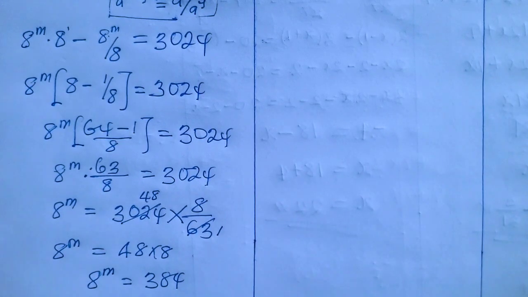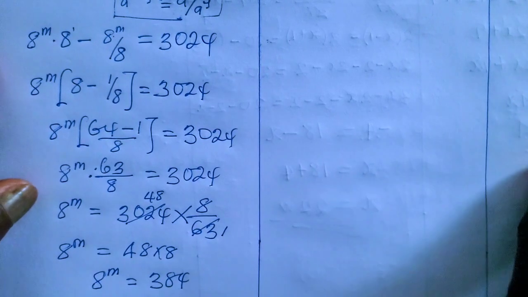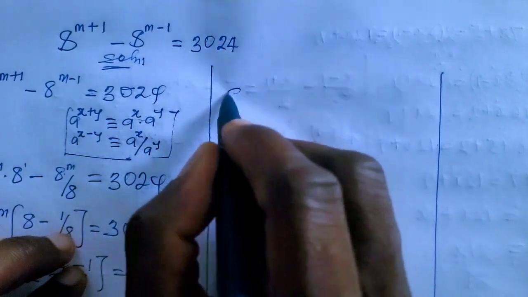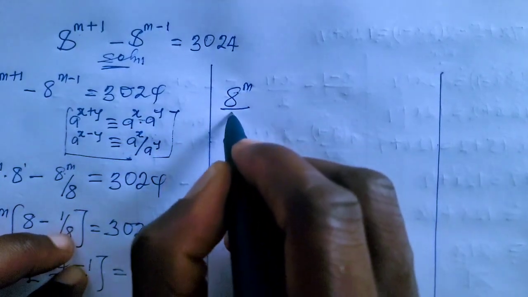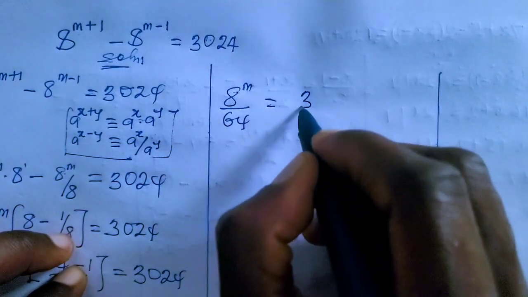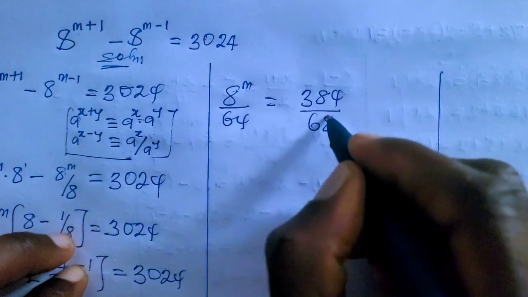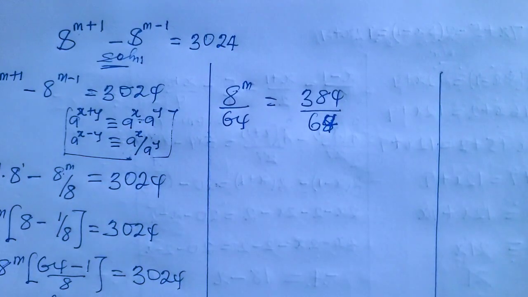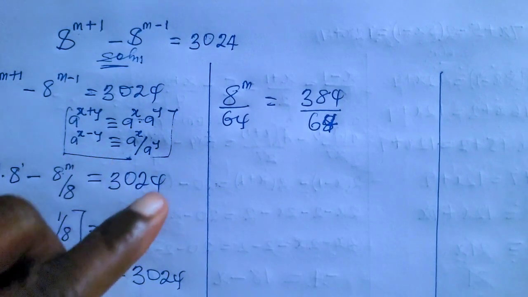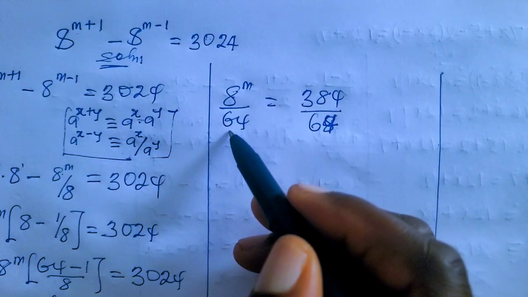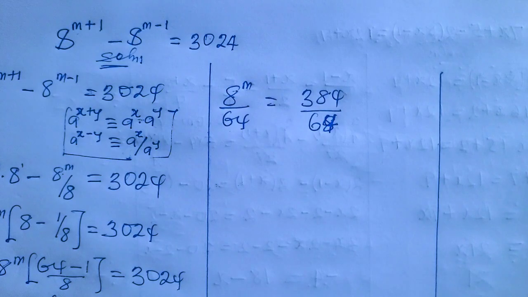Now, at this point, I'm going to restructure this equation for simplicity. I'm going to divide both sides of this equation by 64. Then the whole equation becomes 8 to the power of m divided by 64 equals 384 divided by 64. At the left hand side of this equation, both the numerator and the denominator can be expressed in the same base of 2.